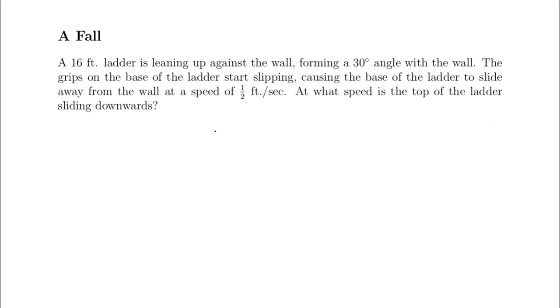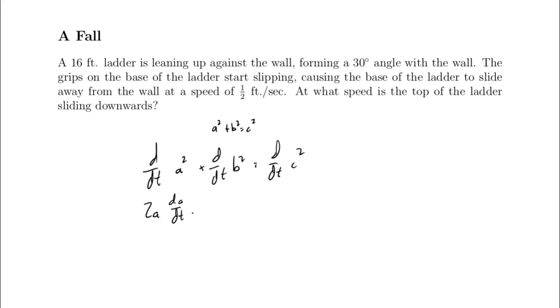Okay, so we had A squared plus B squared equals C squared. Differentiate with regard to time. And all of these are going to go the exact same way because we're going to have chain rule showing up on each of these. So we have 2A dA over dt plus 2B dB over dt equals 2C dC over dt.